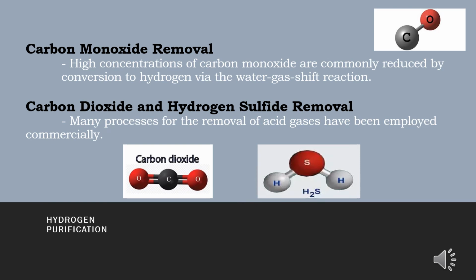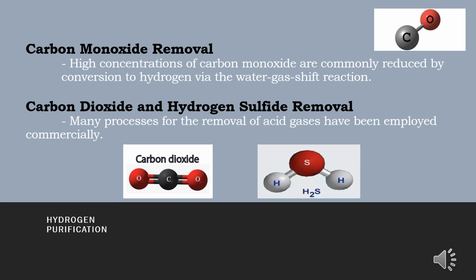For the next slide, we have the hydrogen purification. We have carbon monoxide removal and carbon dioxide and hydrogen sulfide removal. For the carbon monoxide removal, high concentrations of carbon monoxide are commonly reduced by conversion to hydrogen via the water-gas shift reaction.